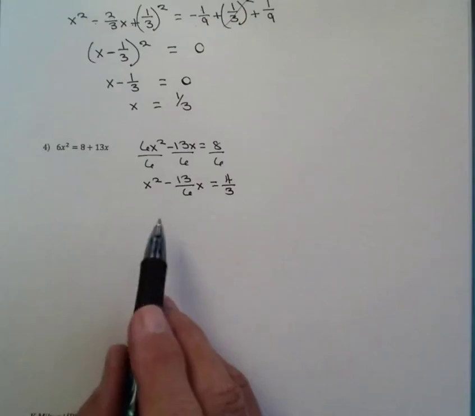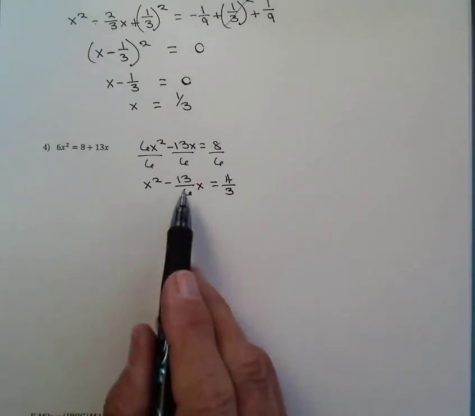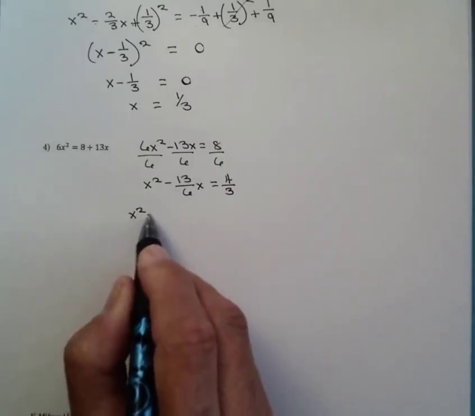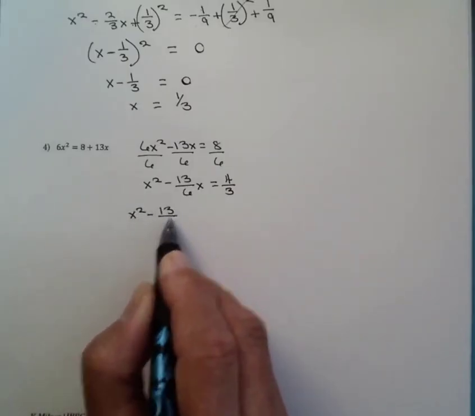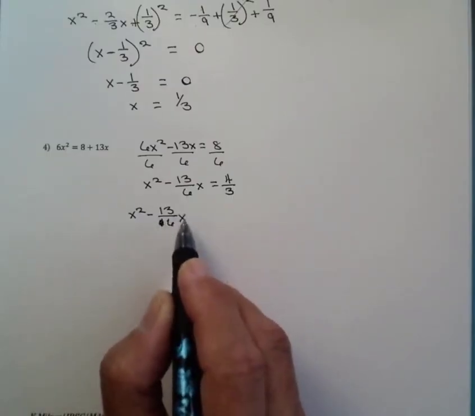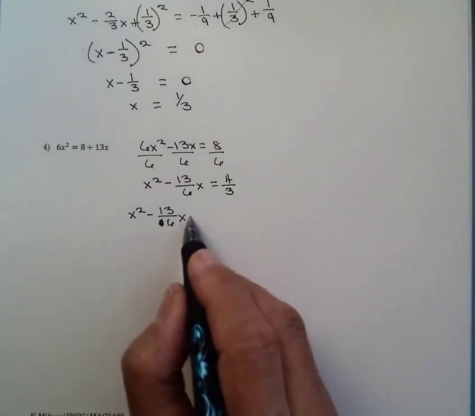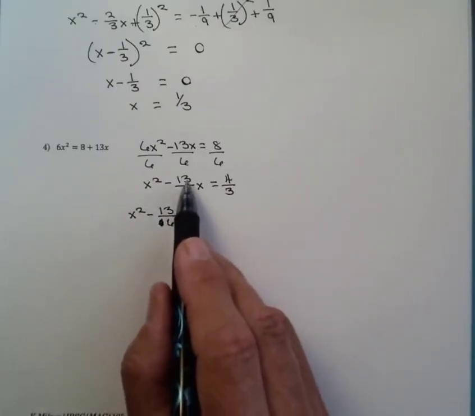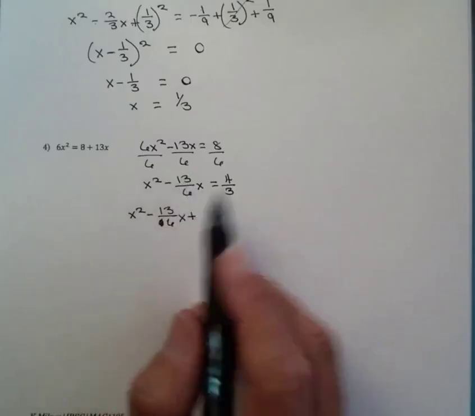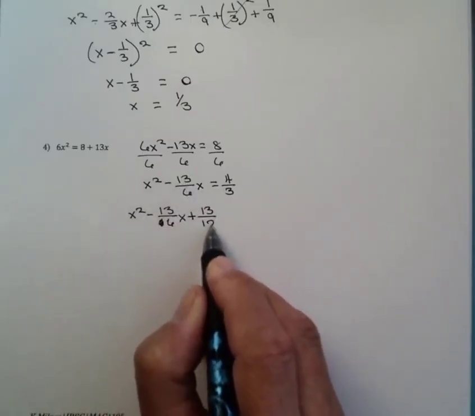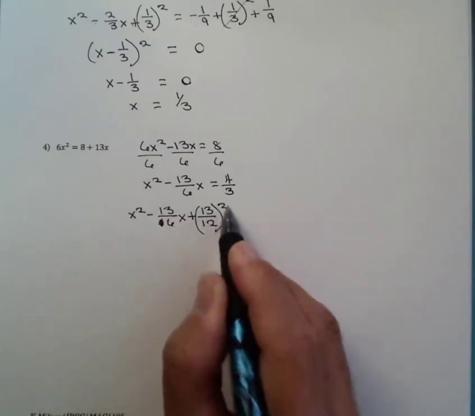All right, now let's see what we've got here. I want to take half of this and then square it. Well, I'm going to go ahead and write down x squared minus 13 sixths, x. And then I'm going to say it's going to be added, because we always add it. And 1/2 of 13 over 6 is really going to be 13 over 12 squared, right?